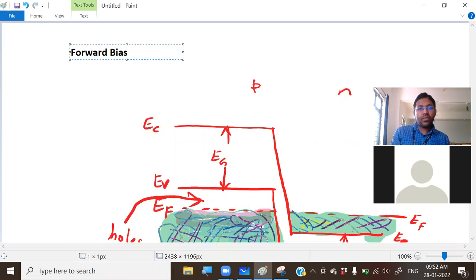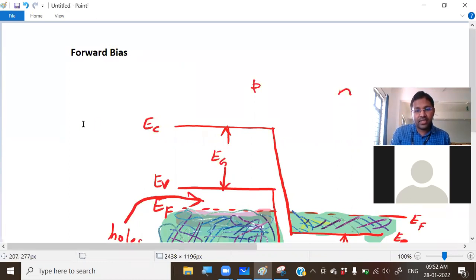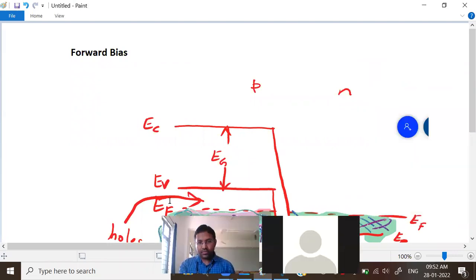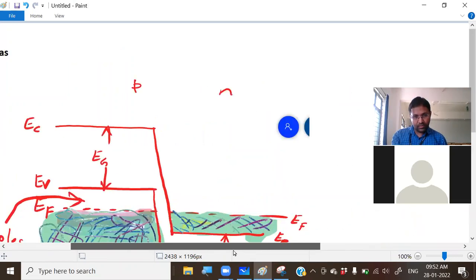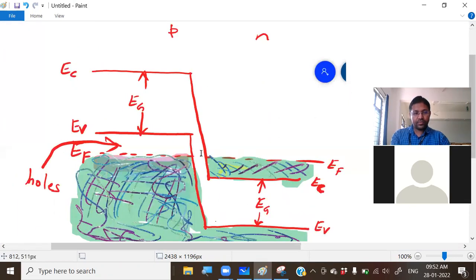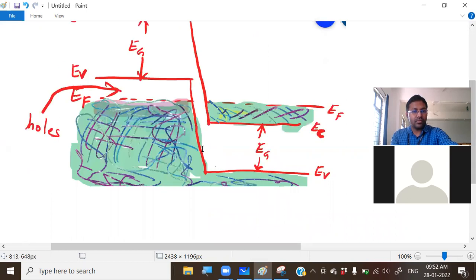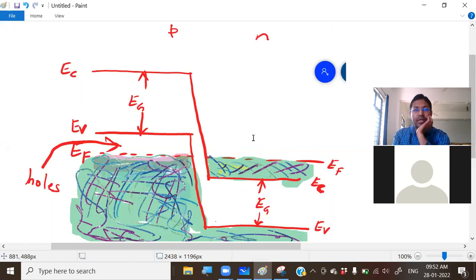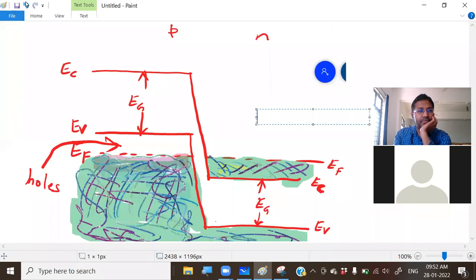So what happens under forward biased condition? Simple. Under reverse bias condition, the N region kept on going below. Now the N region will keep on going above with respect to the P region. So the situation will be like this.